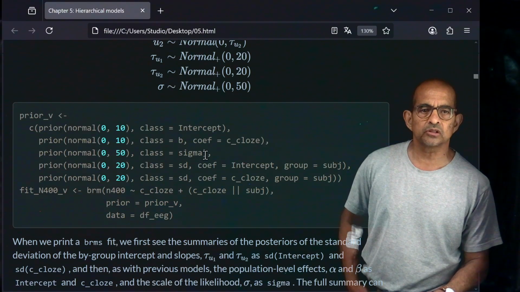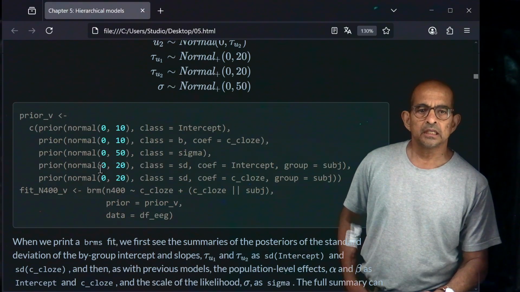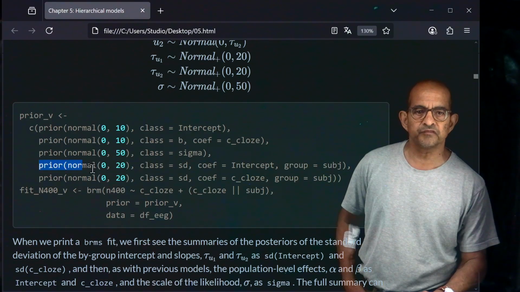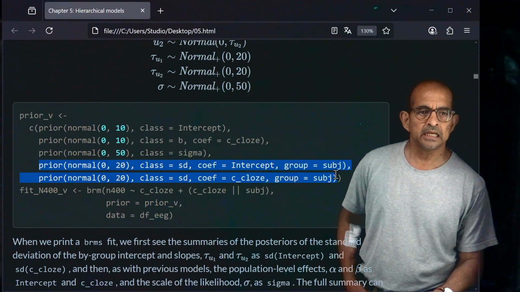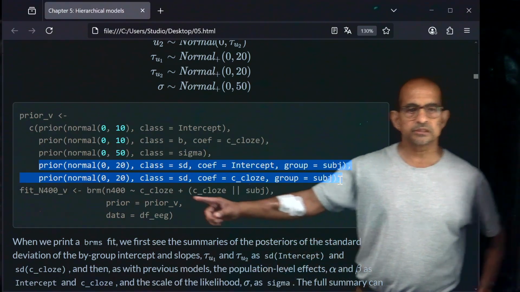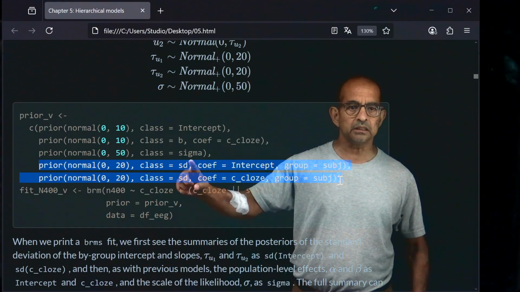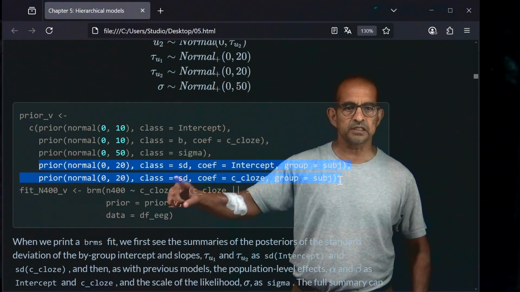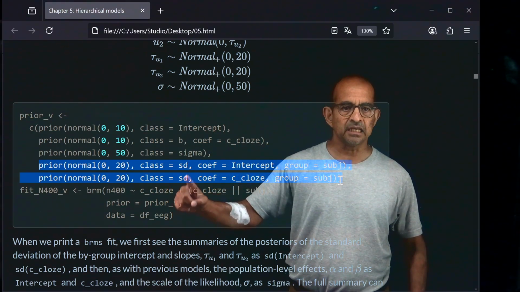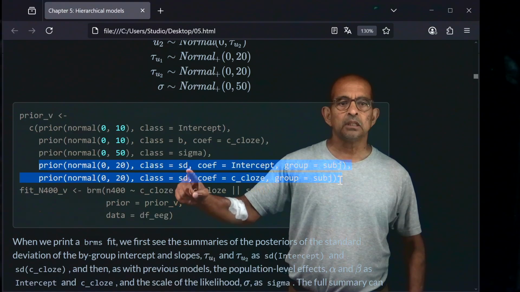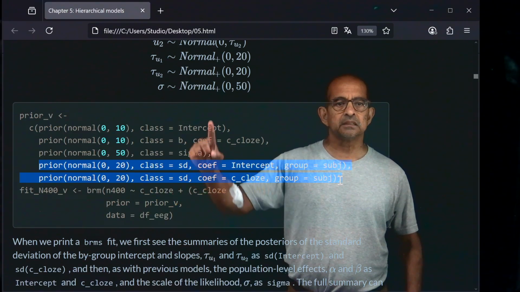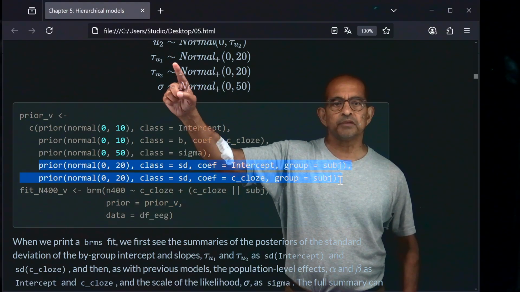The sigma is also clear. The new syntax for defining varying intercepts and slope priors comes here in these two lines. What's important to note is that we make a distinction in BRMS between sigma, which represents the residual standard deviation, and SD. This is a reserved word, which represents the between participant variability.